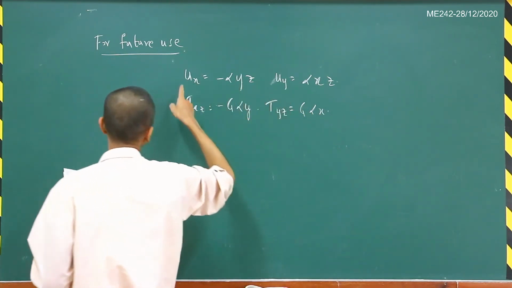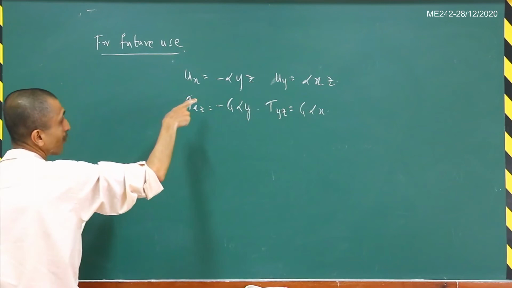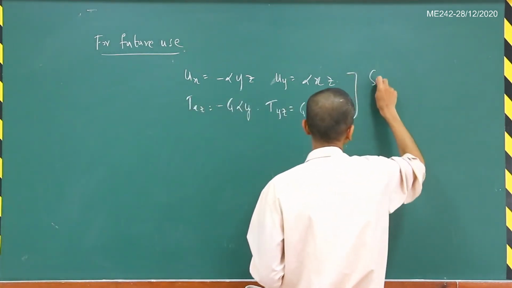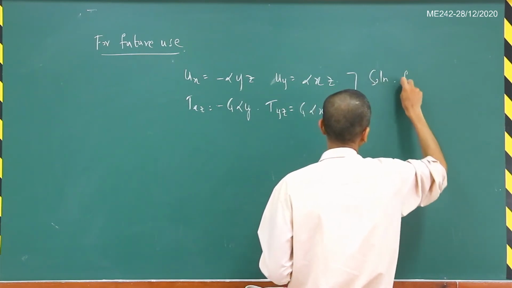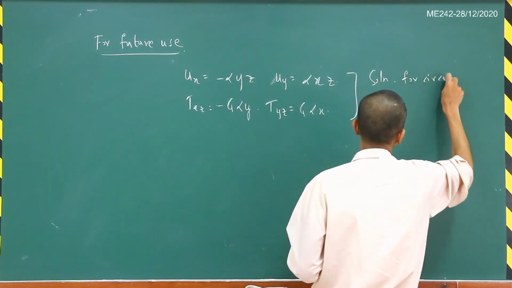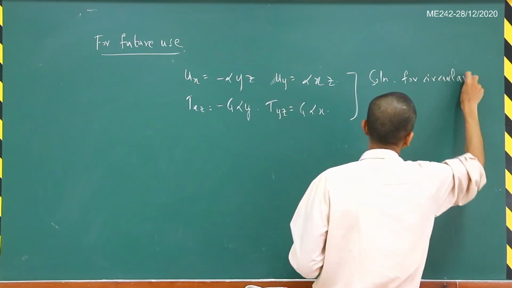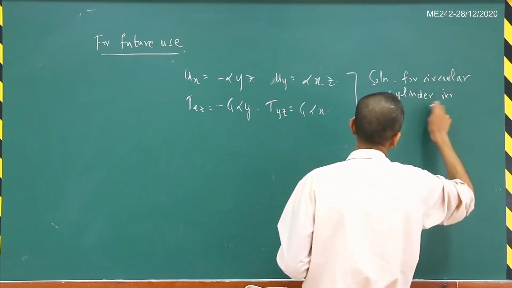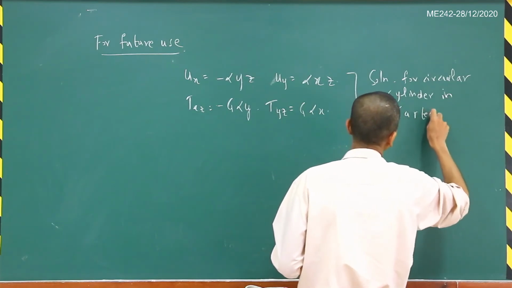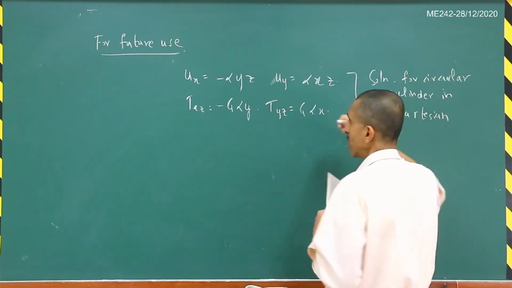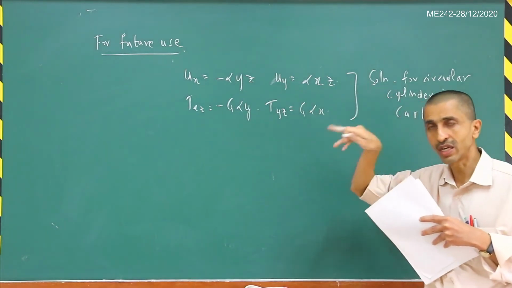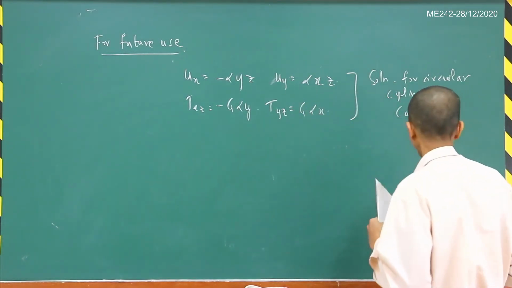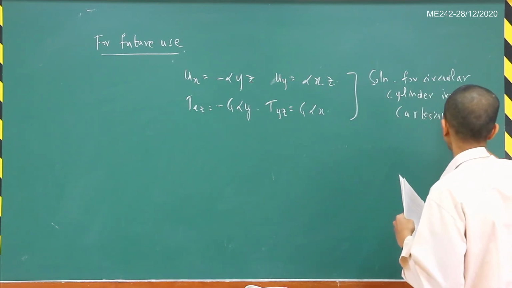So basically these are the displacement components for the circular cylinder. This is the solution for a circular cylinder in Cartesian form. As usual, we have just transformed the cylindrical coordinate components to the Cartesian coordinates.